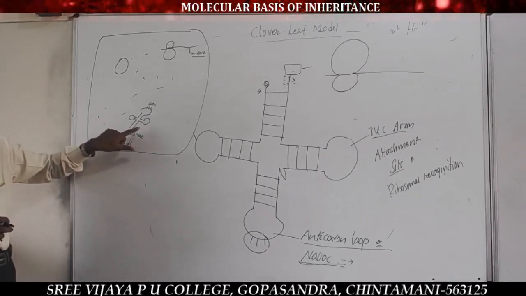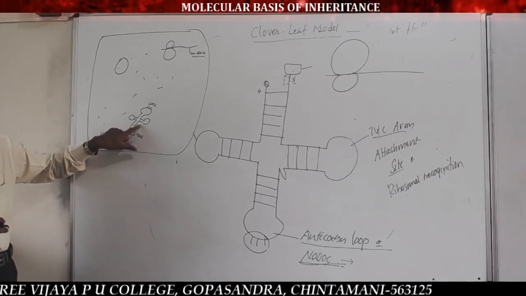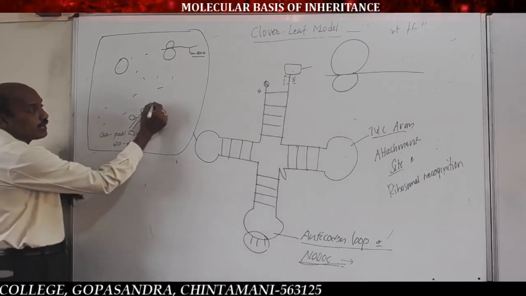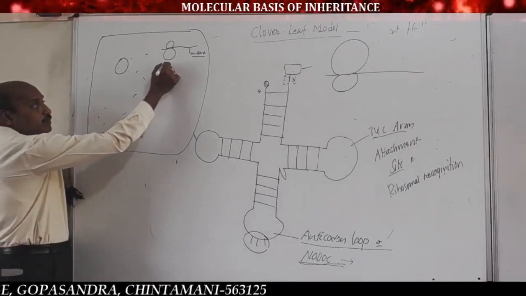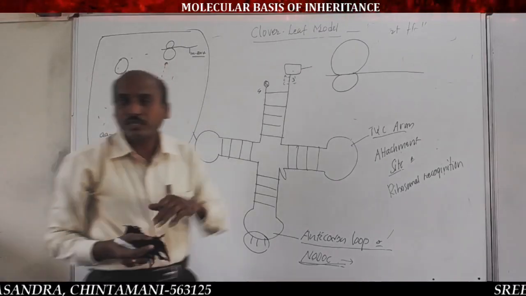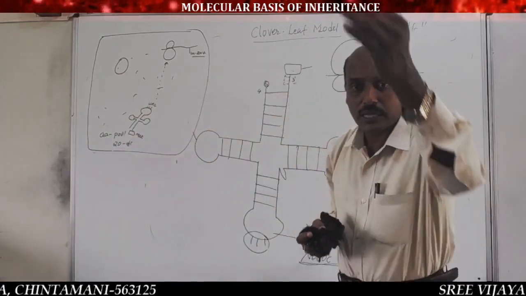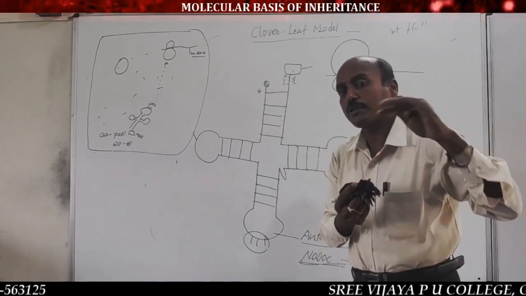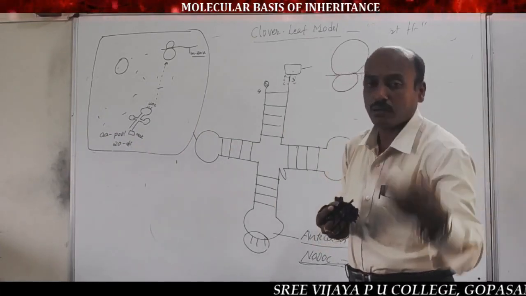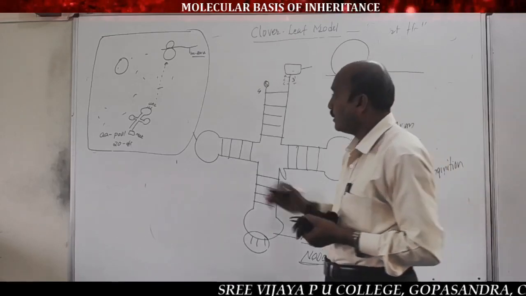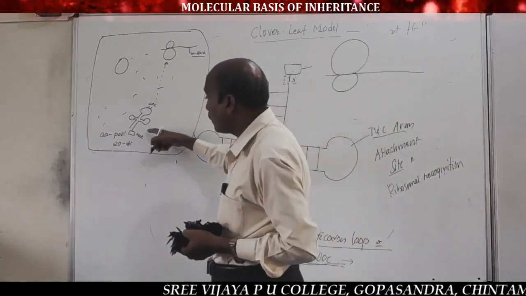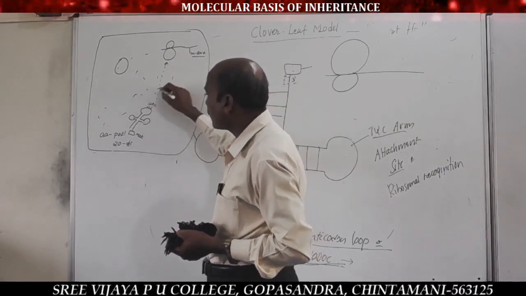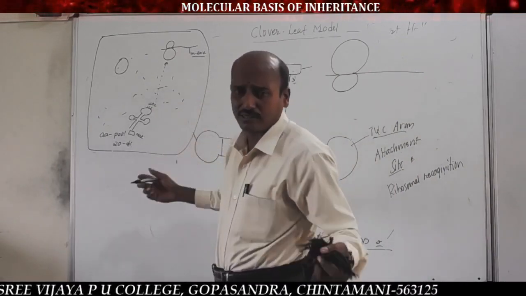Now, such a specific tRNA carrying methionine moves within the cytoplasm to the site of the ribosome and attaches to the mRNA, then codes the methionine amino acid by its anticodon. But between the ribosome and the tRNA, there are several types of cell organelles.